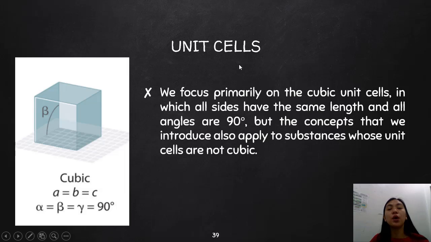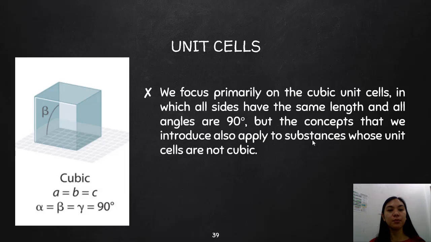So of course, among all the 7 unit cells that we have been discussing so far, we will focus primarily on your cubic unit cell, in which all sides have the same length and all angles are 90 degrees. Pero yung concept po na introduce natin next, they apply to all the types of unit cells.